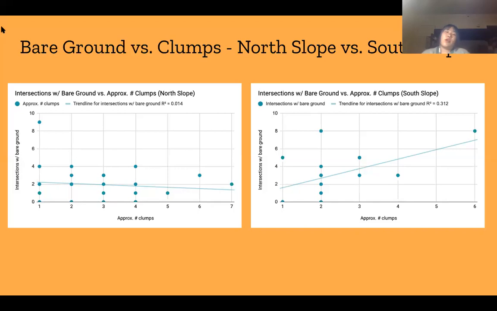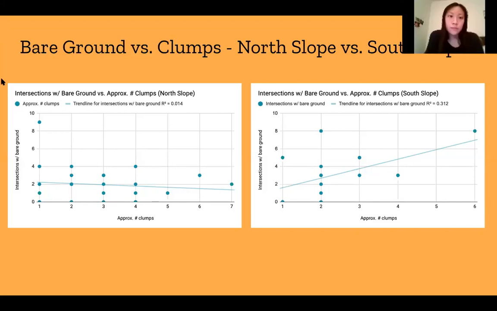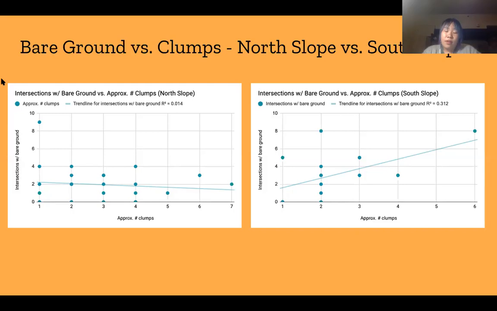When we look at the bare ground versus clumps data on the north and south slope, we can see that on both slopes it is not that significant. However, it is more significant on the south slope than the north slope. As you can see on the south slope, as the number of clumps goes up, there is more intersection with the bare ground, whereas on the north slope there is not really a relationship.